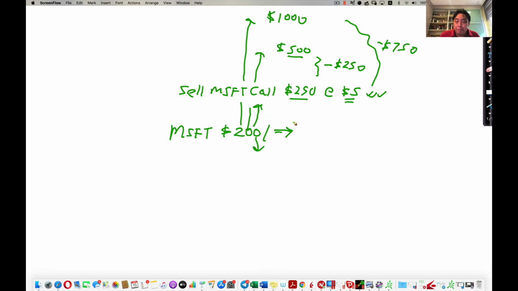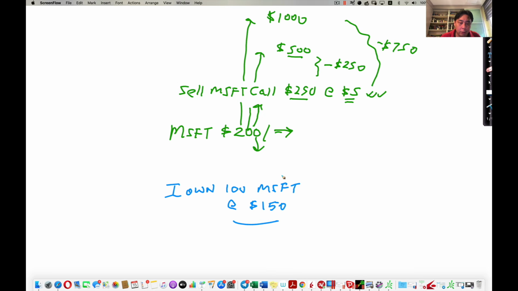Now for me, before I sell a call, I ensure that I own 100 shares first. Now, if I have 100 shares, I'm safe. Then there's no worries. Why? So let's imagine that I already own 100 shares of Microsoft. And I bought it at, whatever, maybe I bought it at $150.